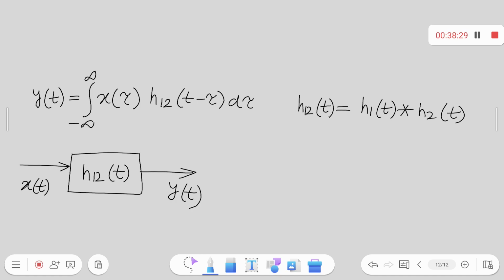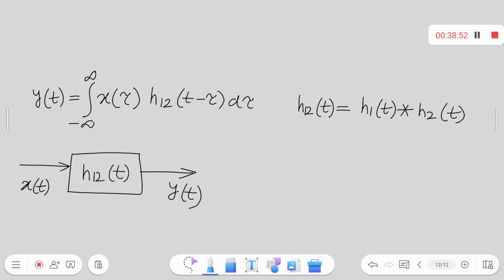So therefore, what is the relation between this h12 of t with the individual h1 and h2 when the two systems are connected in cascade? This is basically the convolution. Last time what we have seen, if the two systems are connected in parallel, then the equivalent impulse response is basically the summation.